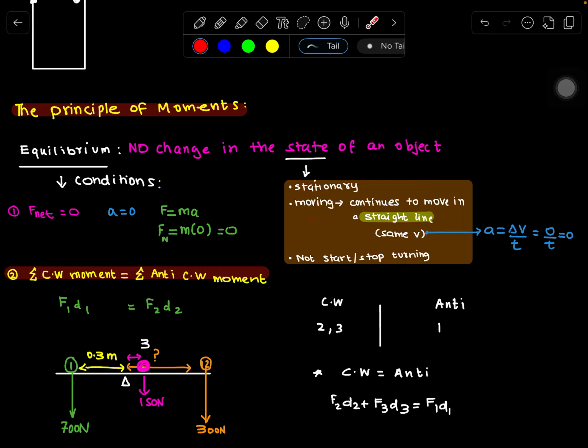There are two conditions for equilibrium. The first condition, which I believe we did discuss in the section on forces, but if not, here we are, is that the net force on an object has to be zero. What does that mean?